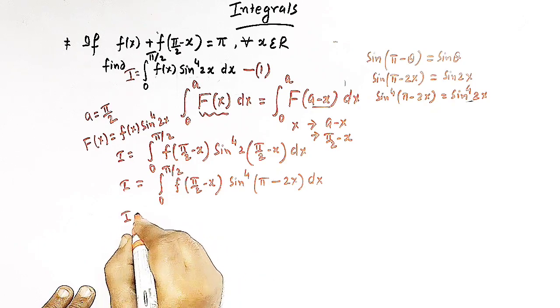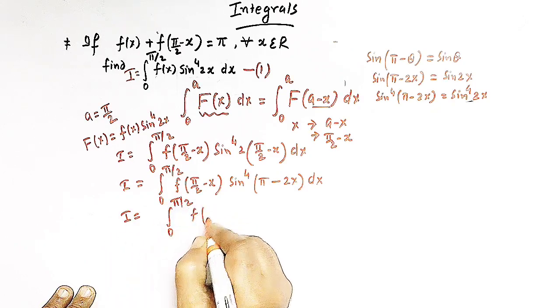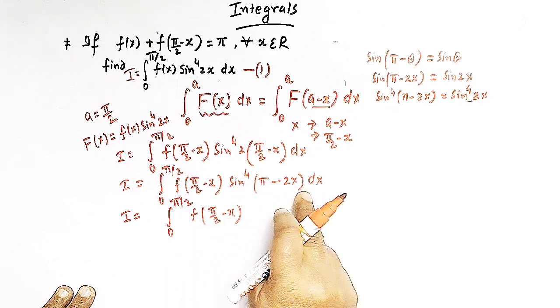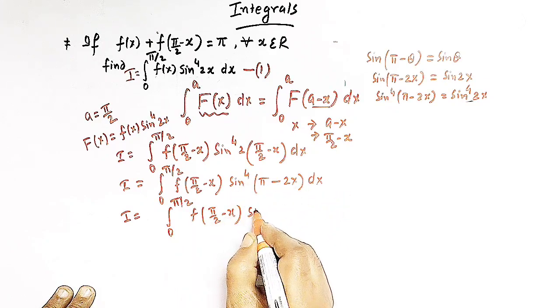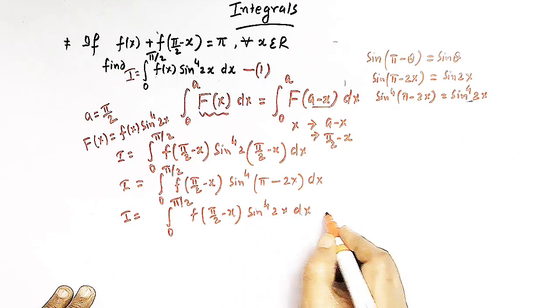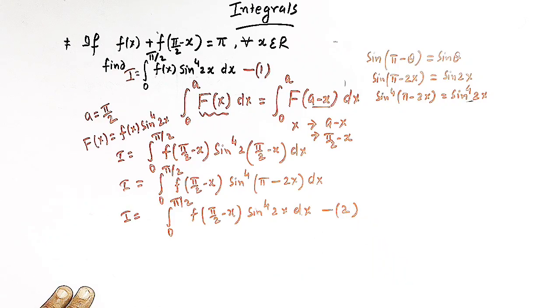So we have now I is equal to 0 to pi by 2, and f of pi by 2 minus x, and this expression is equal to sine 4, and here we have 2x and dx, and let us call this equation number 2, right?